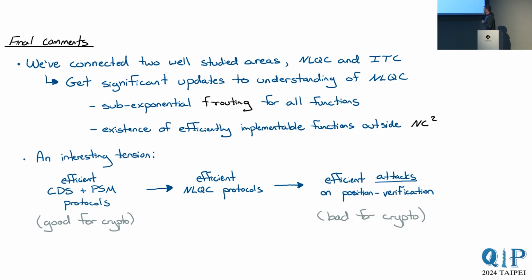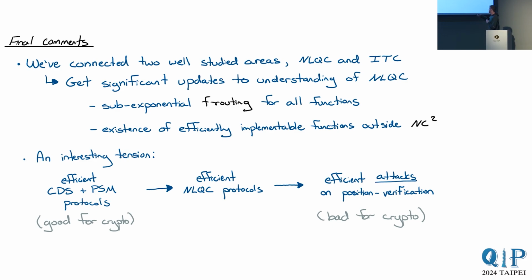A final comment here is that this raises a sort of interesting tension between these two areas in cryptography. This was emphasized to me by Harry, who pointed out that efficient CDS and PSM protocols are good for cryptography. You want those to do things like secure multi-party computation and other goals efficiently. And then efficient CDS and PSM protocols imply good efficient NLQC protocols.